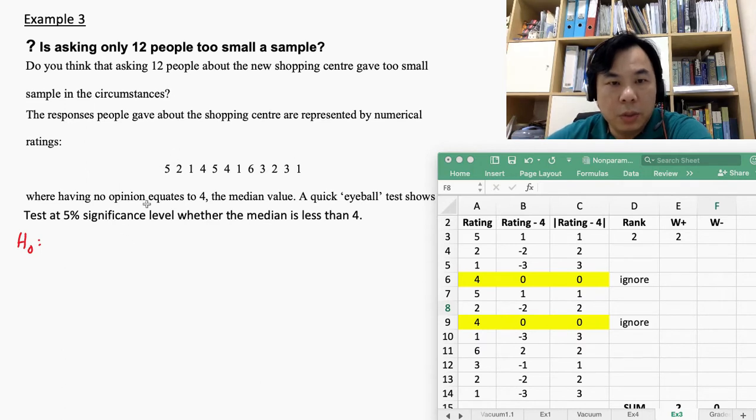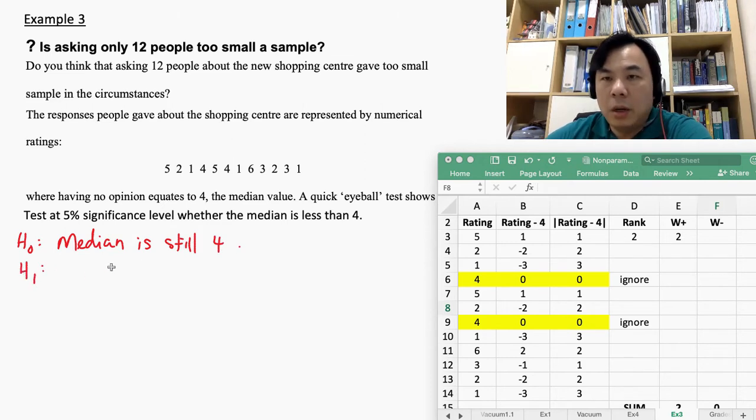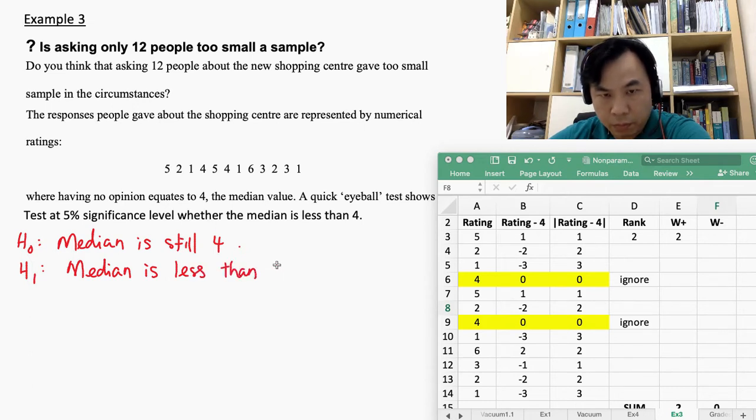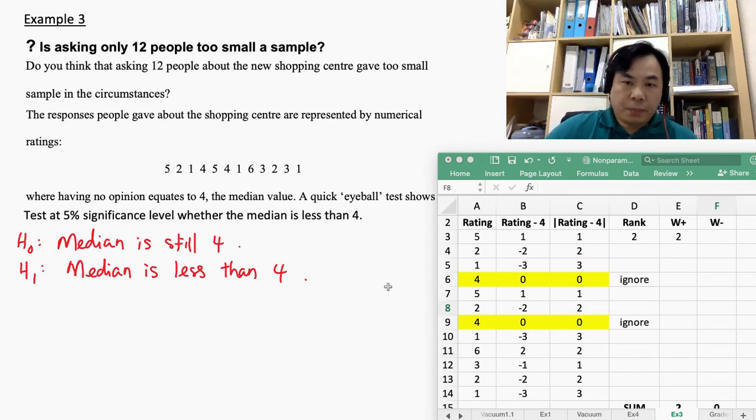We will say that the null hypothesis is that the median is still 4, whereby our alternative hypothesis is that the median is less than 4 here.